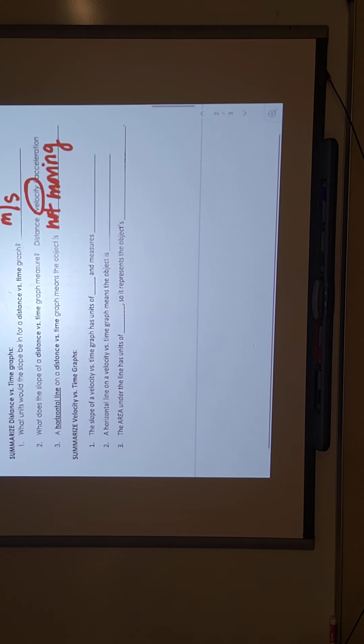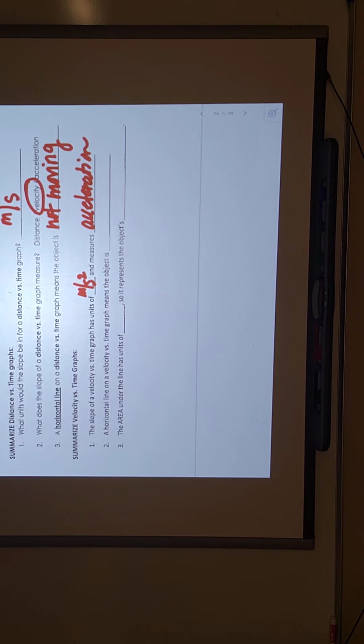The velocity versus time graphs, to summarize those, the slope of a velocity versus time graph is meters per second squared, because it's meters per second over seconds, and it measures acceleration. So it's telling you, are you speeding up or slowing down?